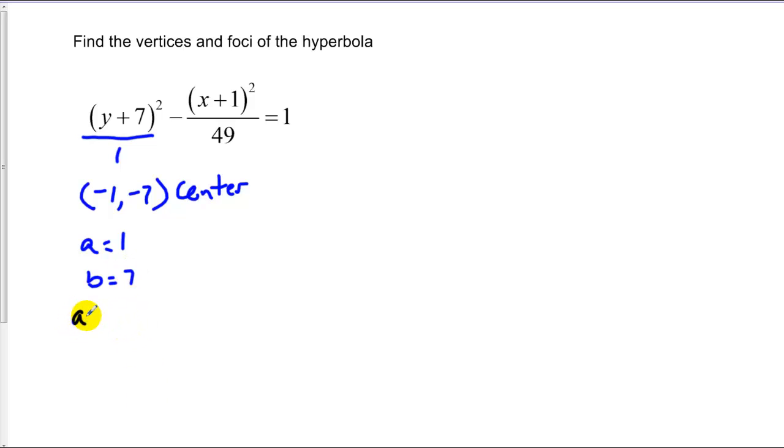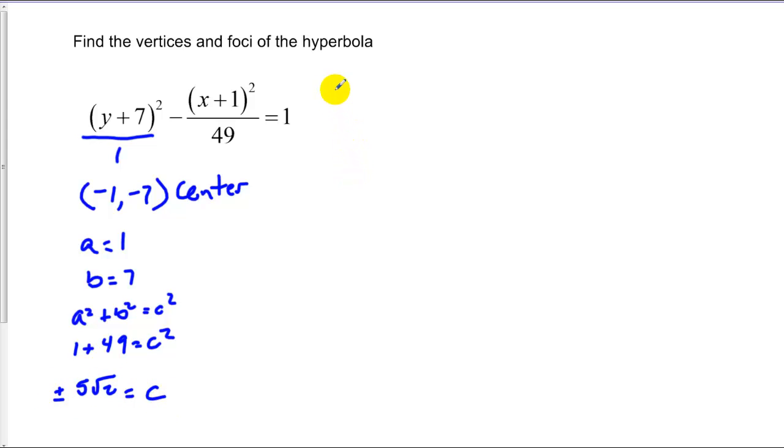We know that a squared plus b squared equals c squared for a hyperbola. Therefore, I have 1 plus 49 equals c squared, and the square root of 50, which is 5√2, is going to be equal to c.